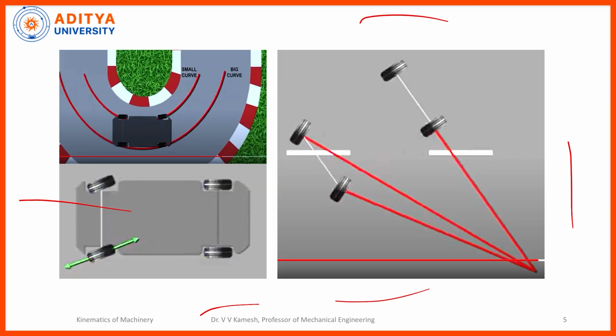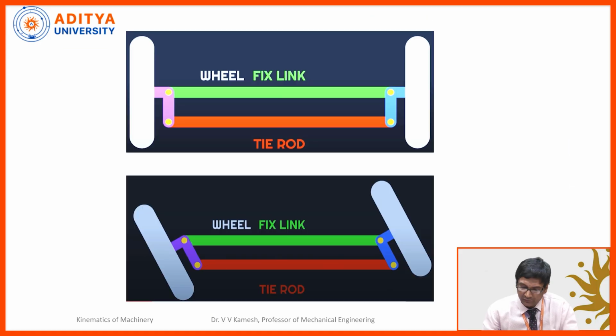Now you can observe whenever you are having a turning, look at these wheels and these wheels. What is the movement? The inner wheel's movement is different, the outer wheel's movement is different, either for a left turn or a right turn. So this is wheel number 1, wheel number 2.